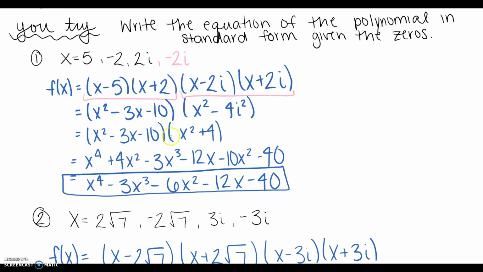Then I simplified my i squared, and then I just double distributed again. Sorry guys. X times x cubed to get x to the 4th, and then combined like terms and got x to the 4th minus 3x cubed minus 6x squared minus 12x plus 40.